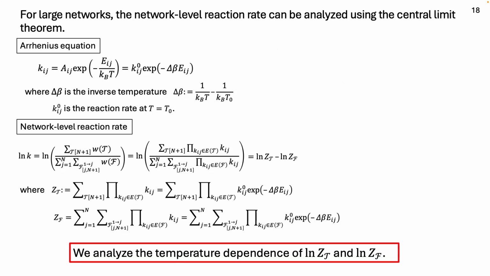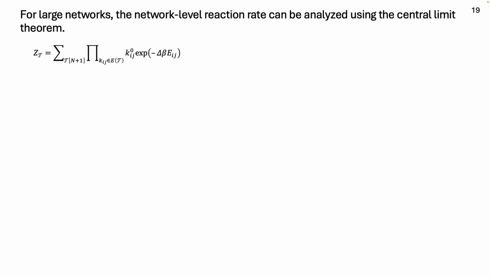And then we analyze the temperature dependence of ZT and ZF. And here is the definition of ZF as ZT. And the ZT can be rewritten here. It's the same.